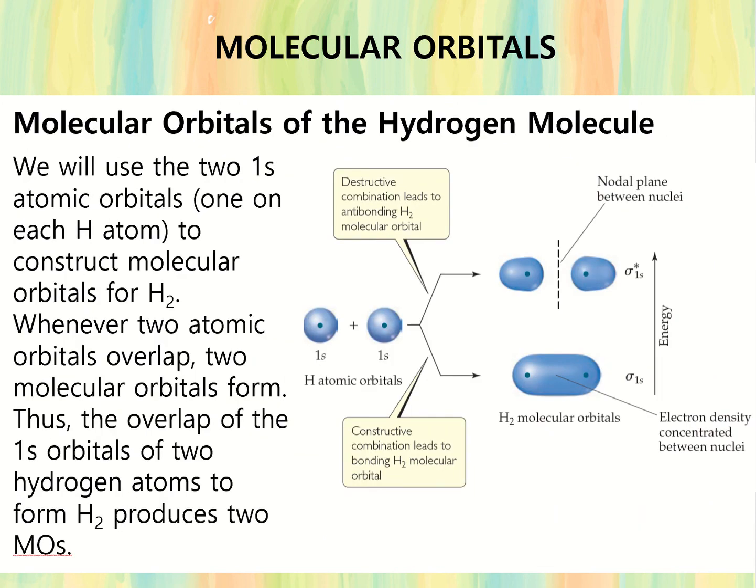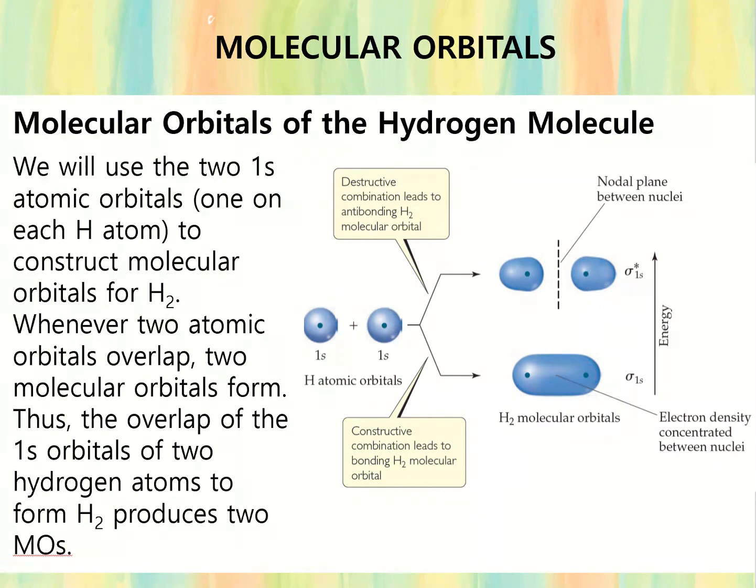All right, so we will use the 1s atomic orbital because that's the simplest. So molecular orbitals of the hydrogen molecule, it's the simplest molecule, and we can use it as an example to explain molecular orbitals. So we're going to use it to construct molecular orbitals for hydrogen, right?